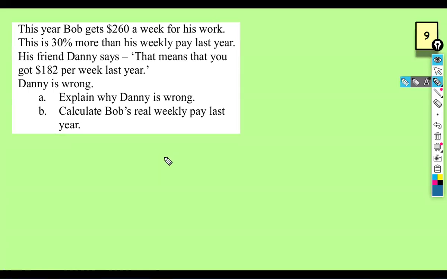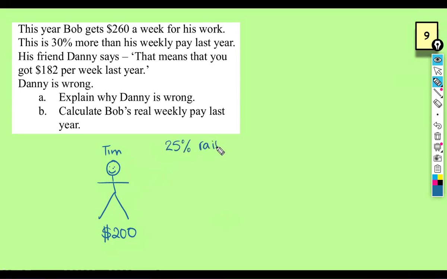All right, let me make up my own question. We have Tim here. Let's say Tim gets $200 a week, whatever job it is. Let's say he gets a 25% raise.